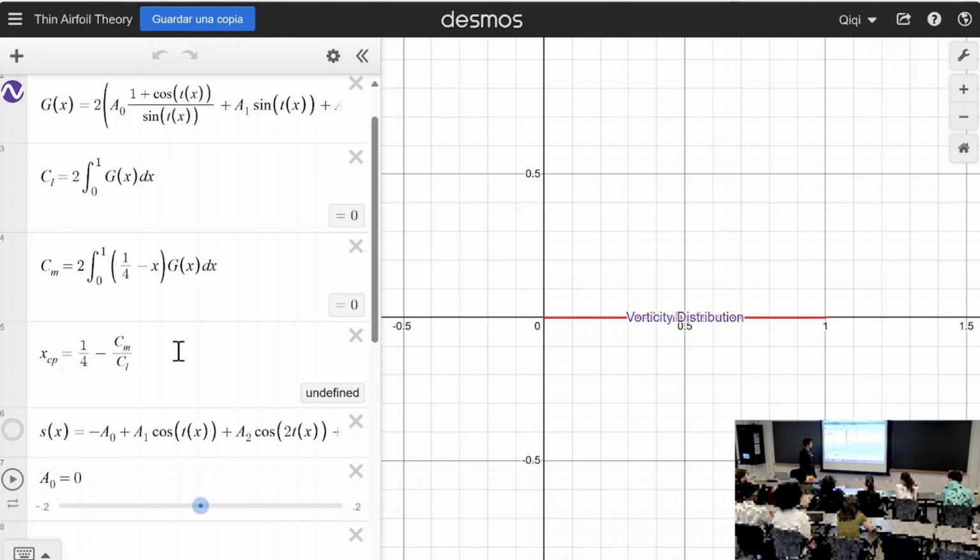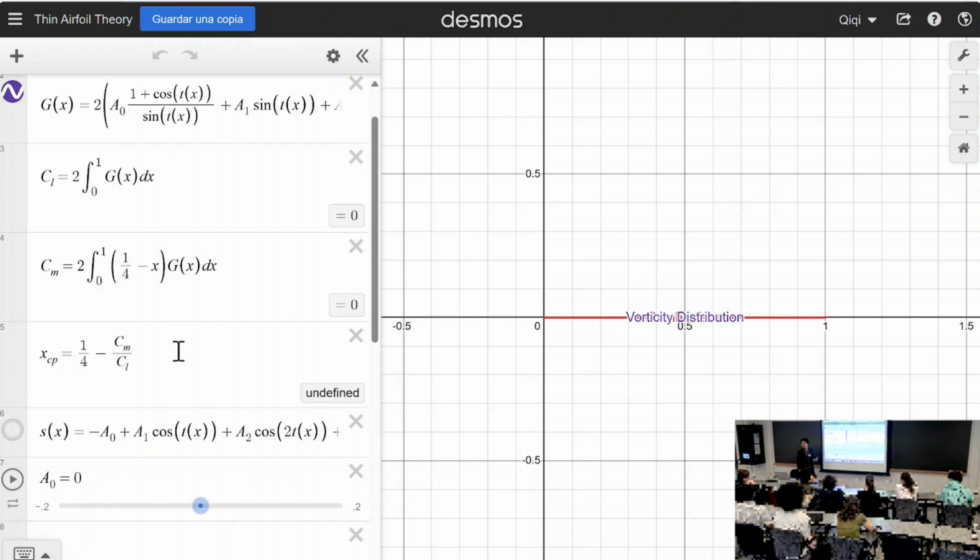A hint is to just use an example, right? In what case would XCP be 0? In what case would the center of lift be exactly at the leading edge? X equal to 0 is the leading edge. Well, for XCP to be equal to 0, Cm has to be, for example, 1/4 when Cl is equal to 1, right?